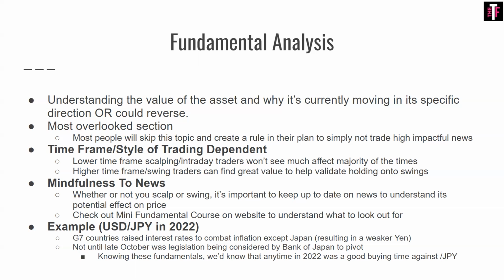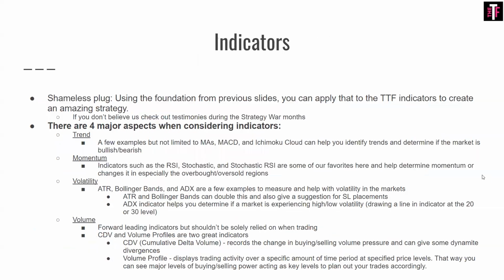Japan stayed at its negative 0.1. Not until late October was there some speculation that Japan might pivot and raise their interest rates. Knowing that information, as USD is skyrocketing and Japan is completely being the punching bag of the world by borrowing money, all you had to do was buy USDJPY in 2022 and you're winning. Just a random side note.